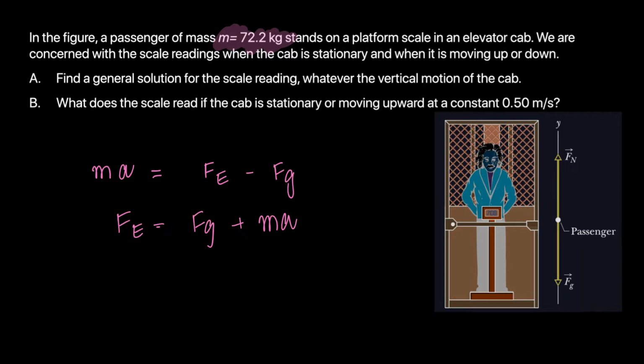Fg is just mass times the acceleration due to gravity, which is g, plus m times a. I'm taking m common and placing g in here. We can do it the other way as well, but I'm only doing it this way because it makes a lot more sense, and I'll tell you why.